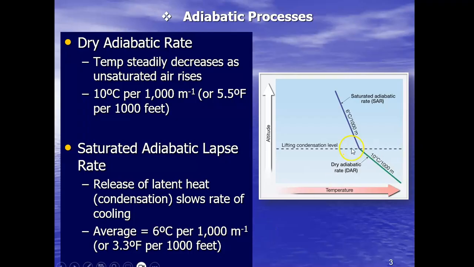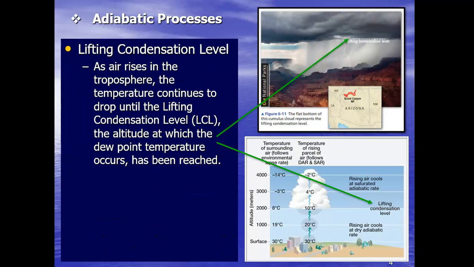And you'll notice here that you would switch rates once you reach the lifting condensation level. What's that all about? As air rises in the troposphere, the temperature continues to drop until it reaches the condensation level. You will not see water vapor condense or turn into liquid form until it reaches a lifting condensation level.